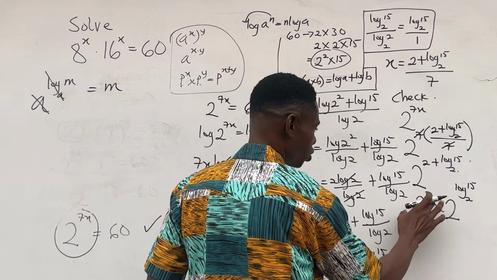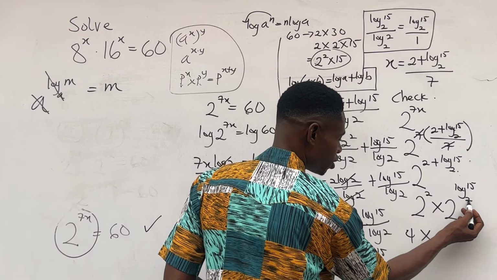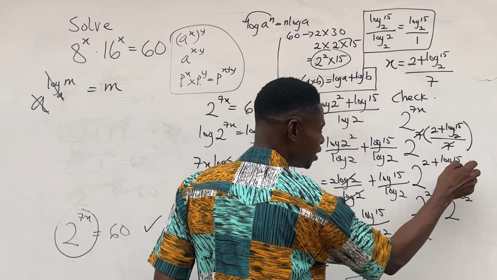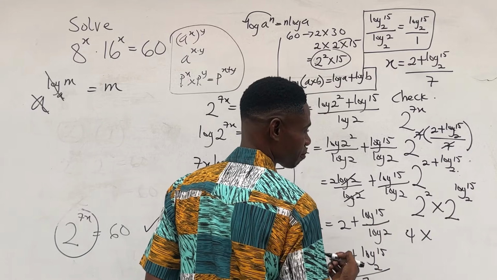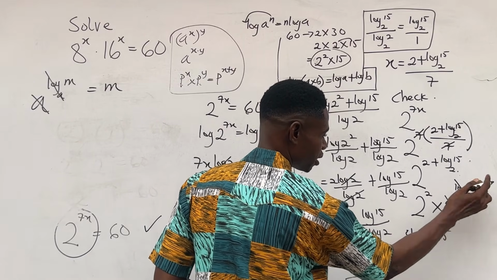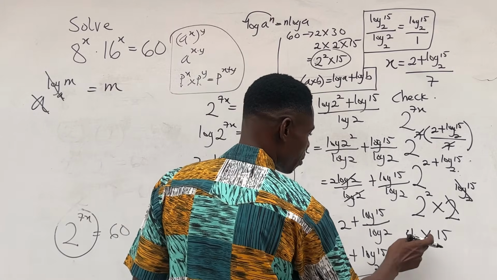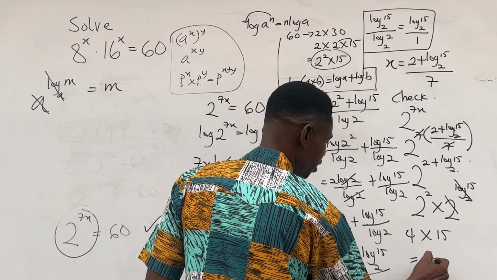So this will give us 2 raised to the power 2, which is 4, multiplied by, remember, the base of this logarithm, which is the power, is the same as this number raising it. So this will cancel this. Our answer is 15, the argument of the log. And now 4 multiplied by 15 is simply 60.